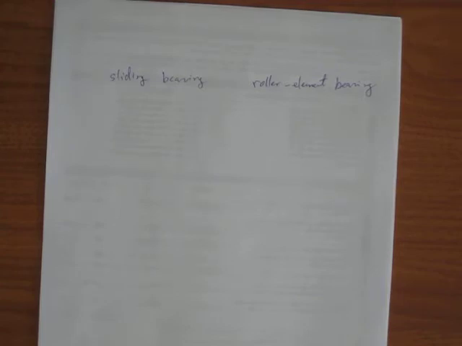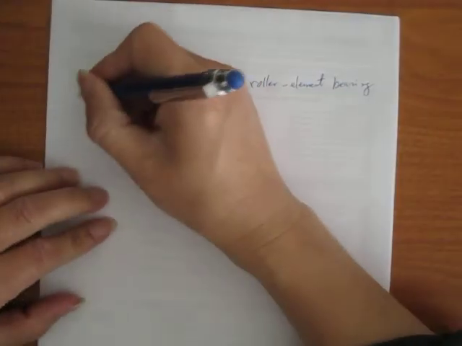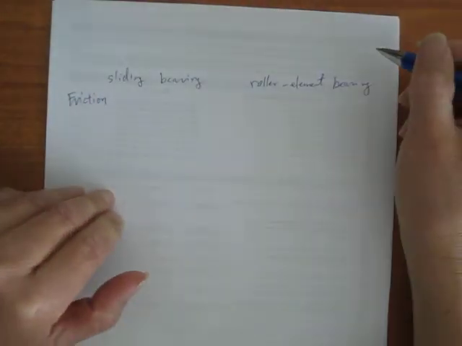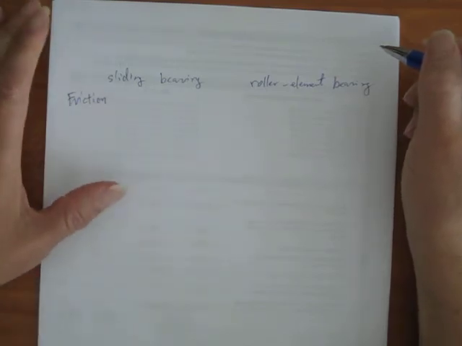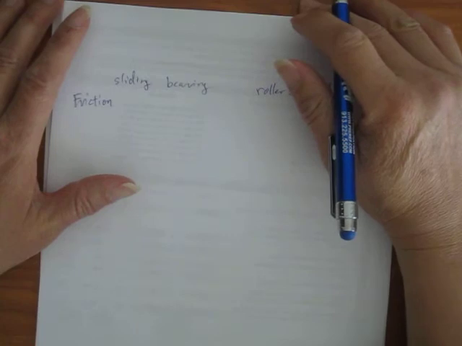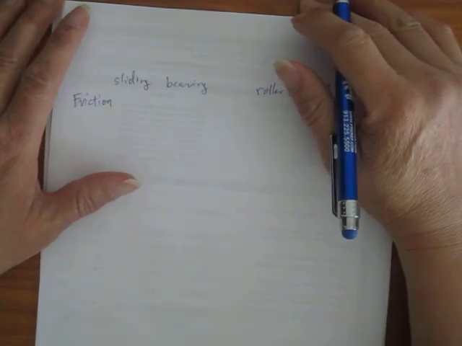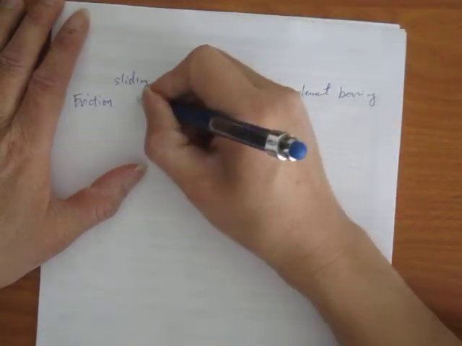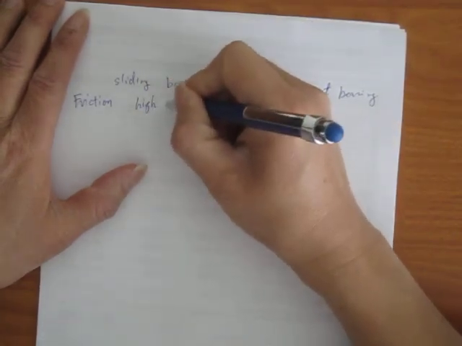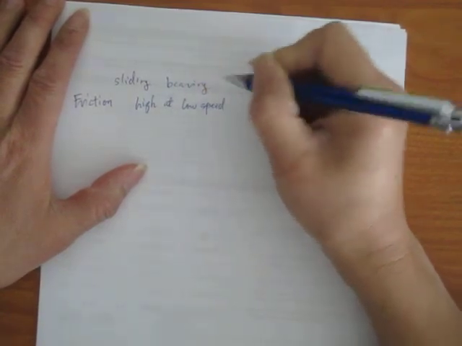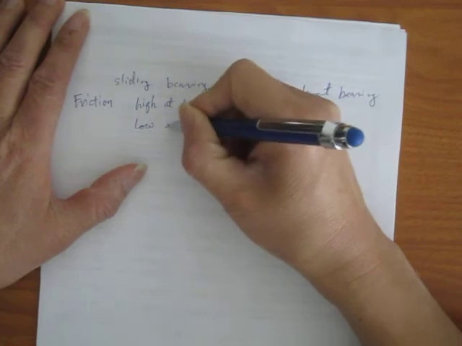Certainly friction here: the friction of the sliding bearing is high at low speed and low at high speed.